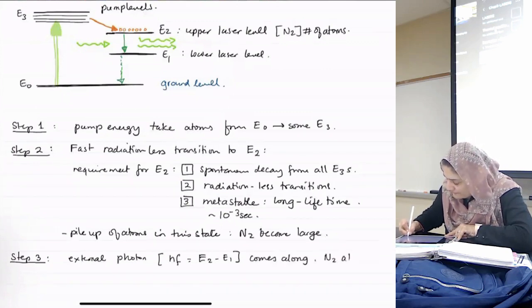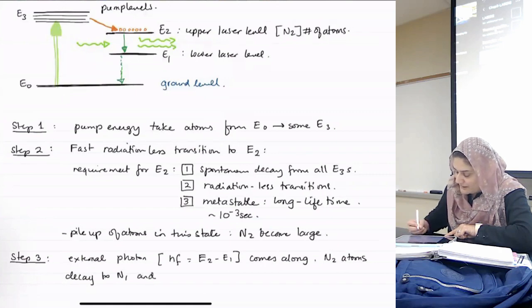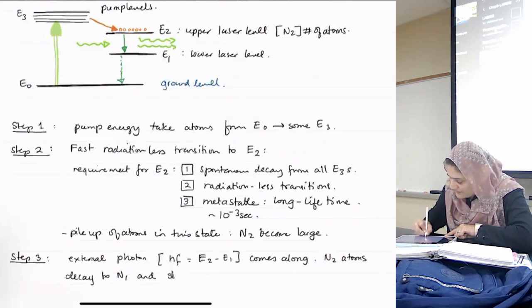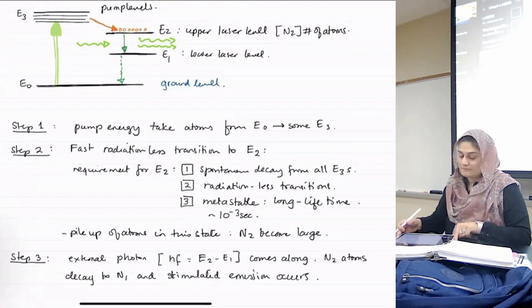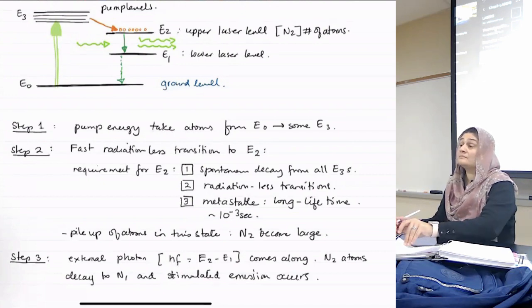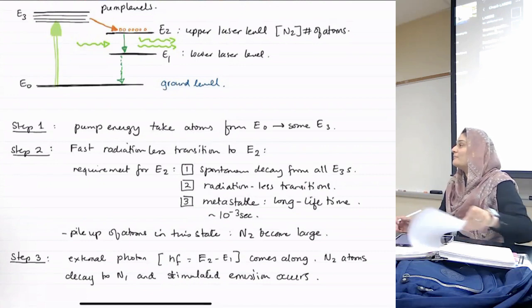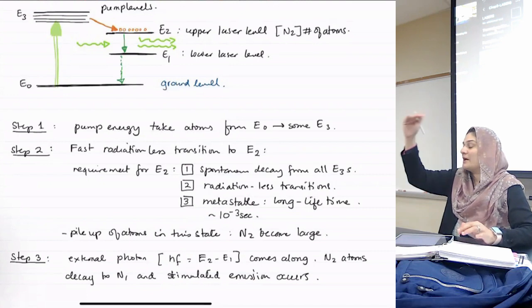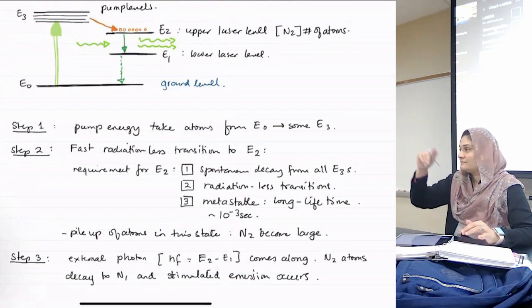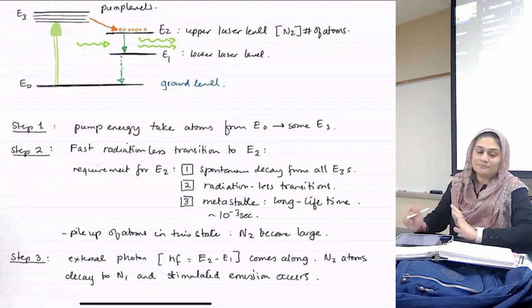N2 atoms decay to N1 and stimulated emission occurs. Right? Instead of 1, 2 come out. For every single one of those atoms decaying from N2 to N1, 2 photons will come out.